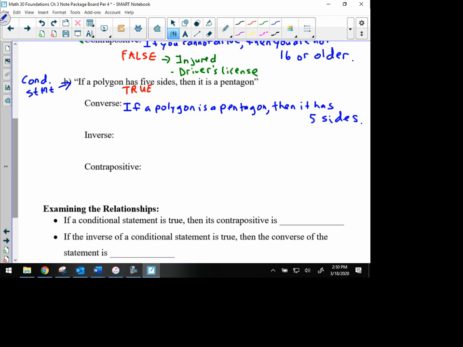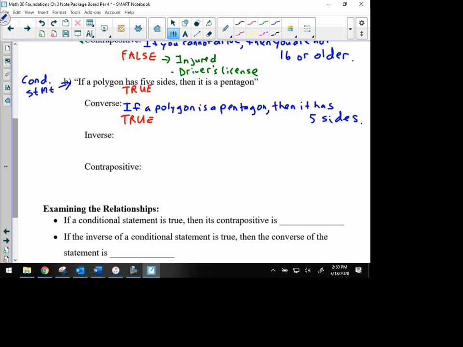If you have a pentagon, that means it has 5 sides. Just like if you talk about a square or a quadrilateral, it means it has 4 sides. An octagon means it has 8 sides. So the name refers to the sides that it has. So this is also true, and we don't need a counterexample.